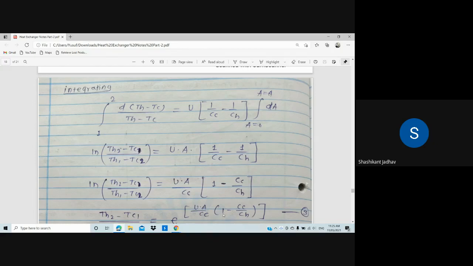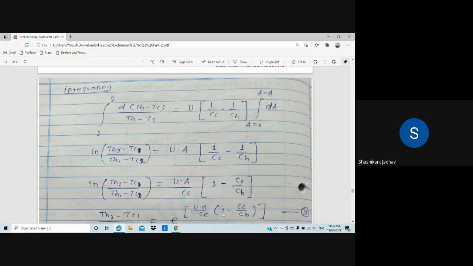ln of Th2 minus Tc1 divided by Th1 minus Tc2 is equal to U into A into bracket 1 upon Cc minus 1 upon Ch. Then from the right hand side, we have to take 1 upon Cc as a common. So what is the remaining term in the bracket? That is 1 minus Cc upon Ch.